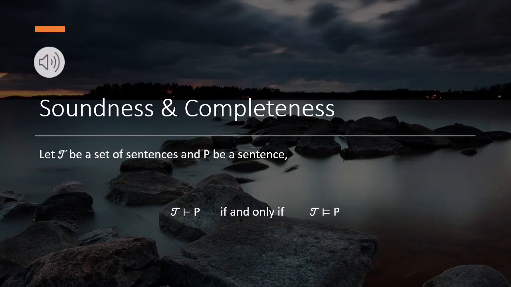The proof of the soundness theorem is essentially a straightforward adaptation of the proof for propositional logic. The difference is that instead of a truth table, you're now looking at mathematical structures, and instead of just the rules for our truth functional connectives, we also have the rules for our quantifiers and for identity.